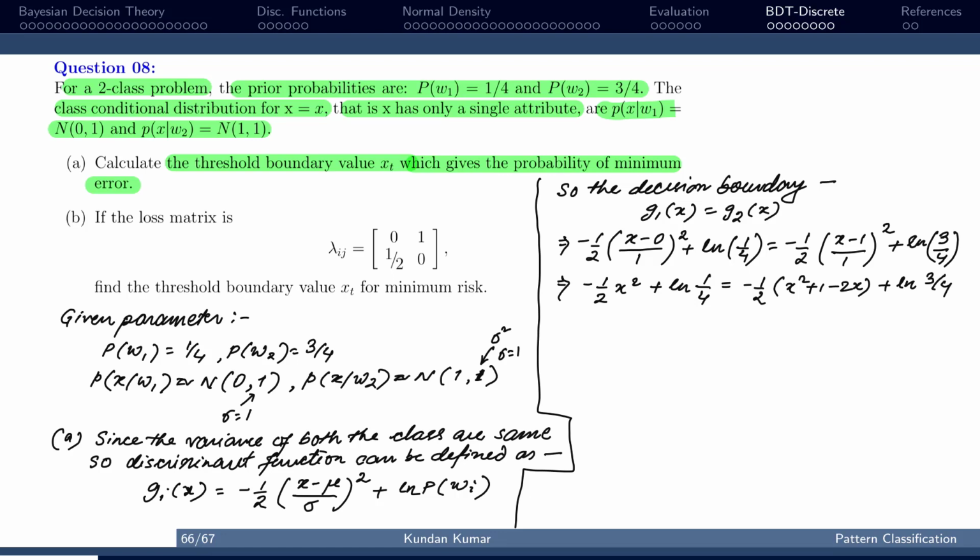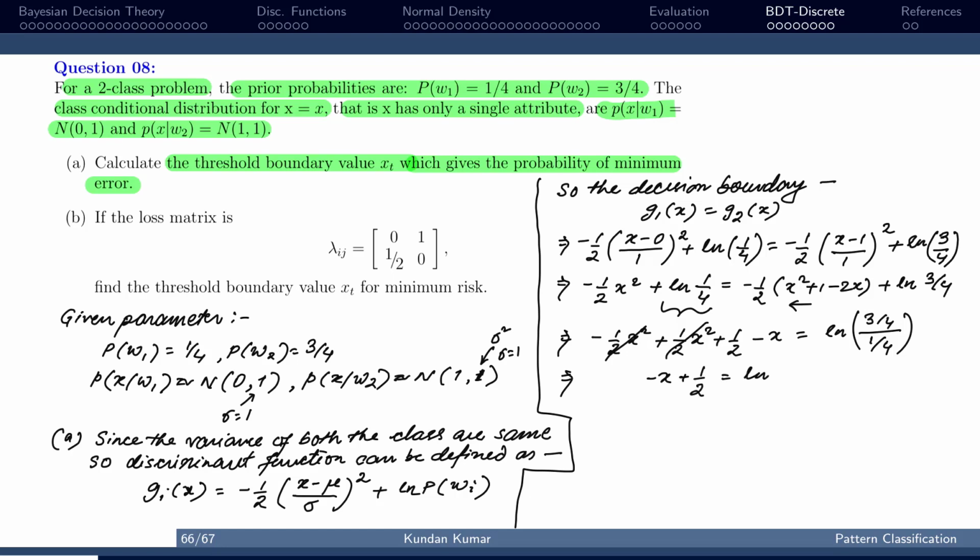Okay, so just take this term to the right hand side and this term to the left hand side, and it will be minus 1 by 2 x square plus 1 by 2 x square plus 1 by 2 minus x, equal to ln (3 by 4 divided by 1 by 4). We are combining the two ln terms in a single term. So these two terms will be cancelled out and it will be minus x plus 1 by 2 equal to ln 3. Okay, 4 cancels out here.